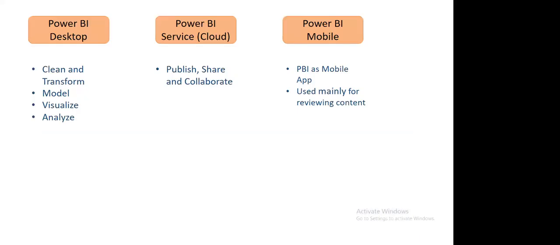This is the basic workflow in Power BI. First, we do ETL, or clean and transform the data in Power BI Desktop, then subject it to modeling in Power BI Desktop. Then we visualize and analyze the data. Once that is done, we publish our dataset or report to the Power BI cloud service and can share it with others.